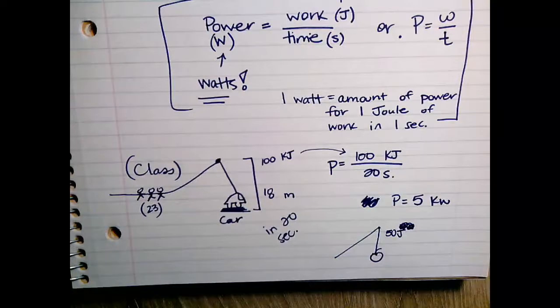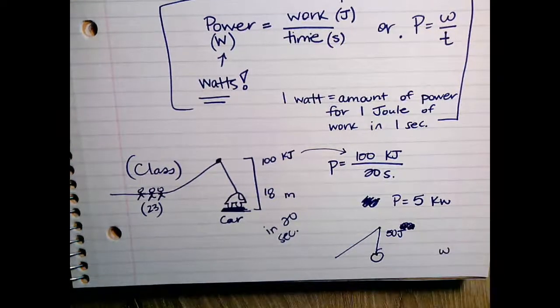We would do 50 joules divided by the 20 seconds, and then we would get an answer in watts and not in kilowatts. That is just an example. I'm not going to ask you one of these questions on the review quiz. I might ask you about the formula, but you won't have to calculate anything. I just wanted you to be exposed to it for high school physics sake.